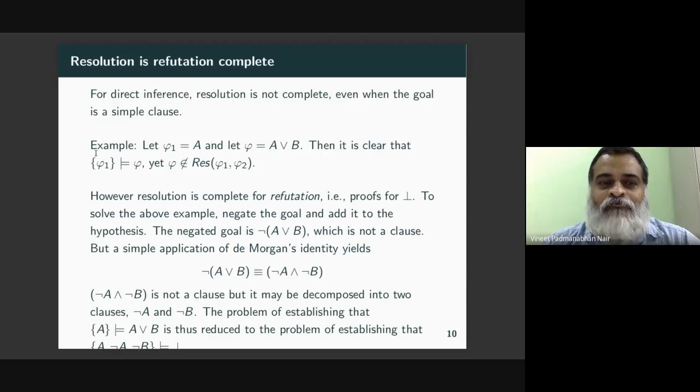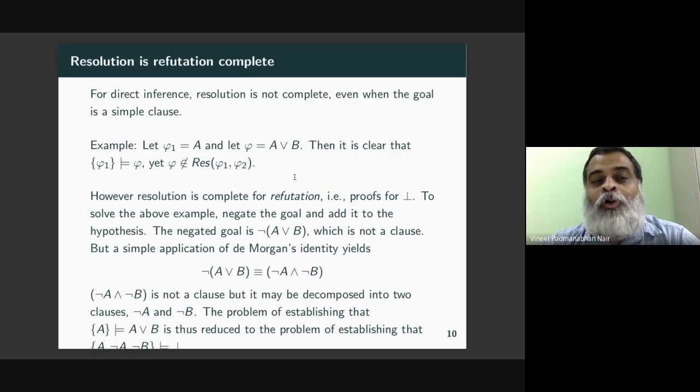Yet phi is not an element of res of phi1, phi2. What does it mean? You have phi1 as A, you have phi as A or B, and in the normal settings you can say that A or B follows from A alone.